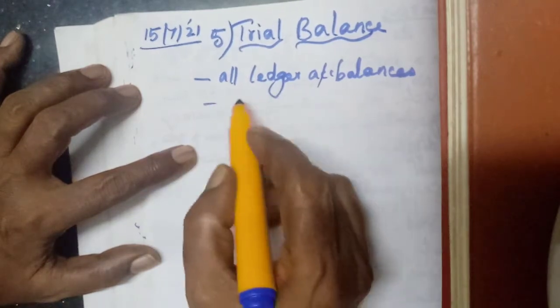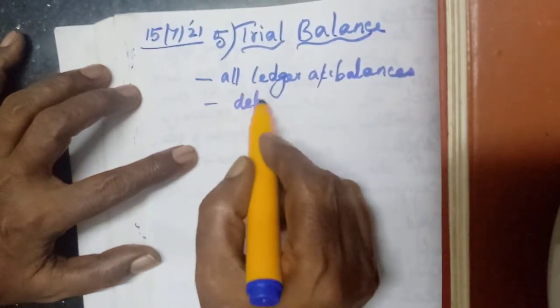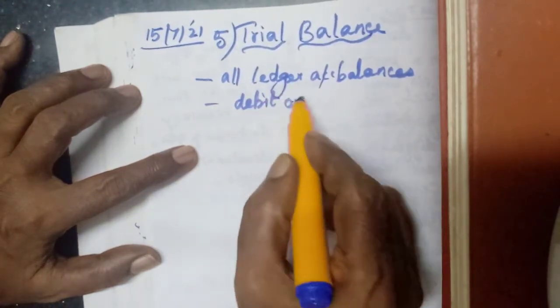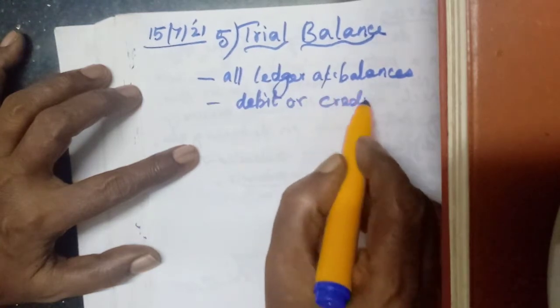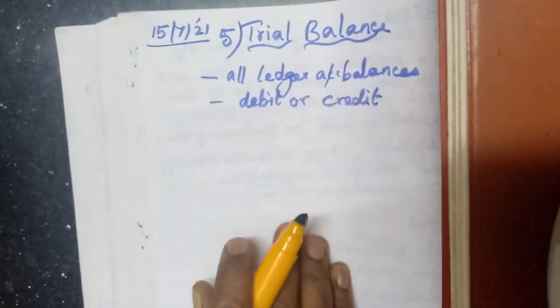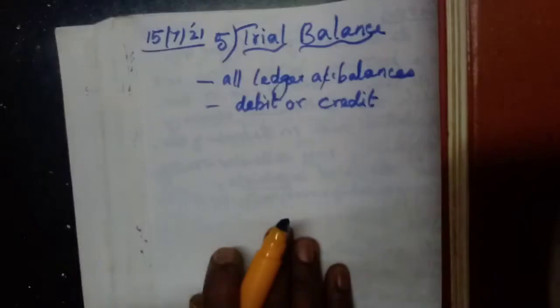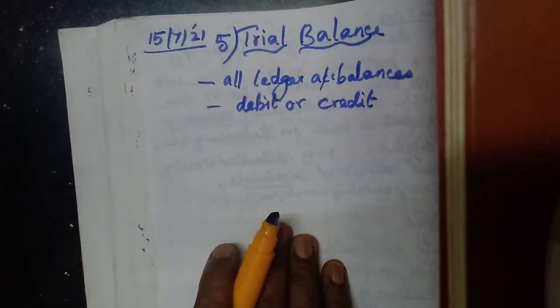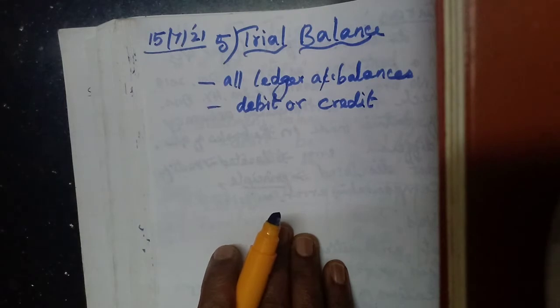These balances may be either debit balances or credit balances. Our main duty is to divide the accounts into debit or credit. If we prepare from the ledger account, if we post there, we will know. Practically, whichever balance the ledger account shows, that we have to write.